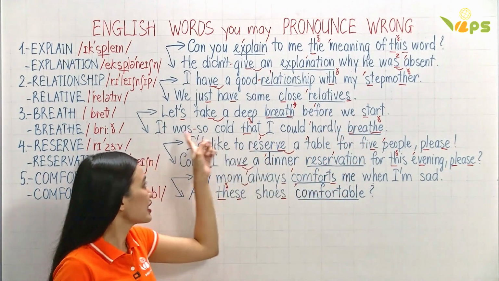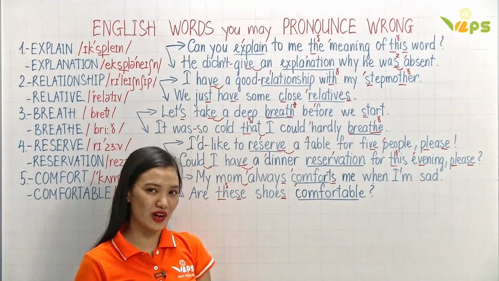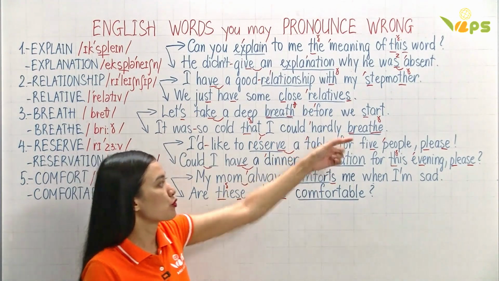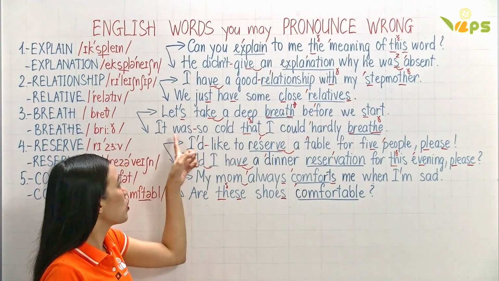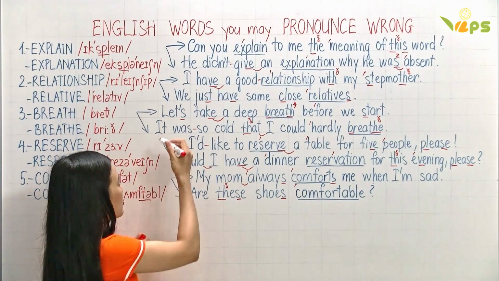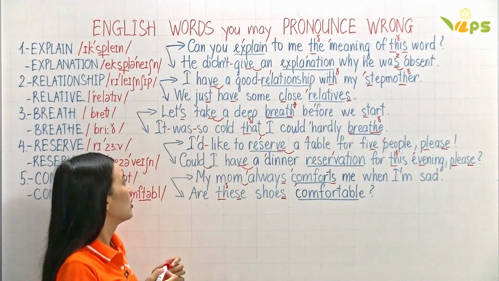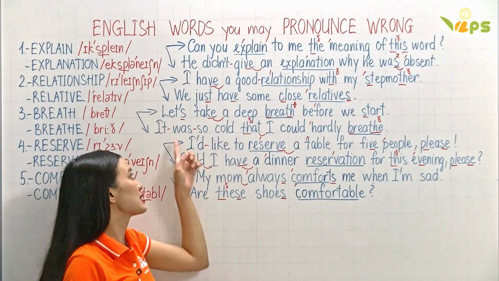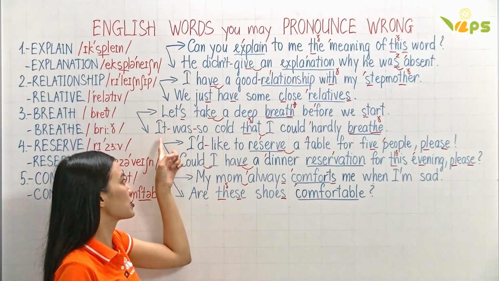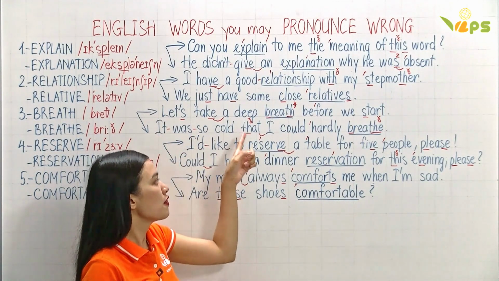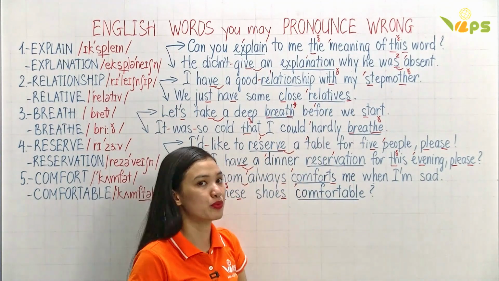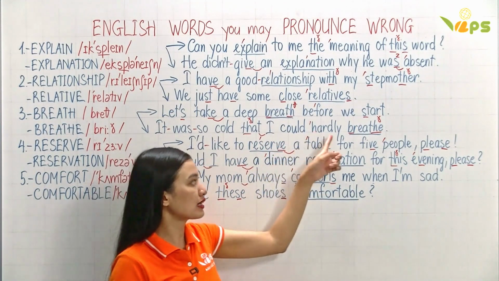Start. Let's take a deep breath before we start. Breathe. Here you don't have to pronounce the E. It was so cold that I could hardly breathe. I could hardly breathe.